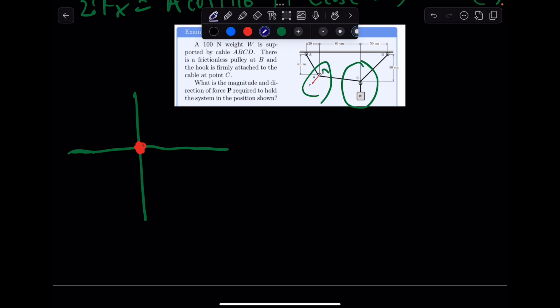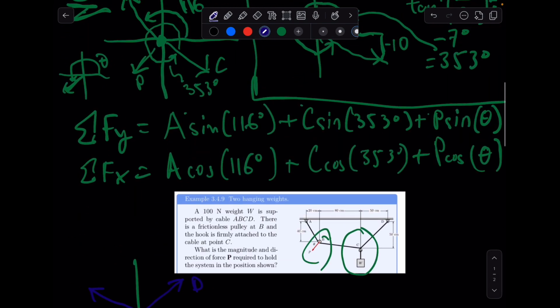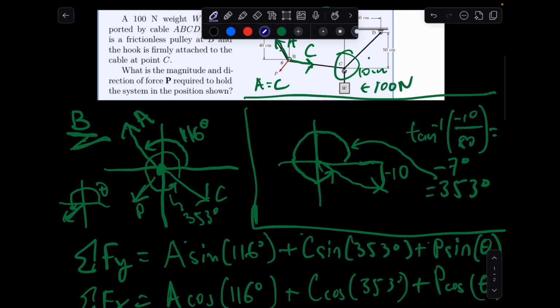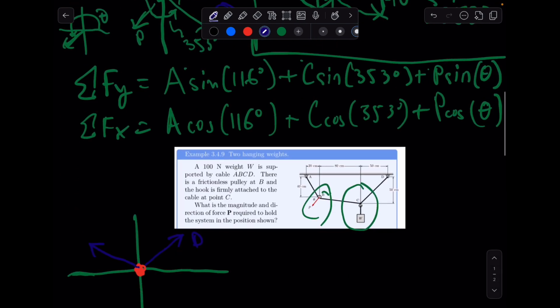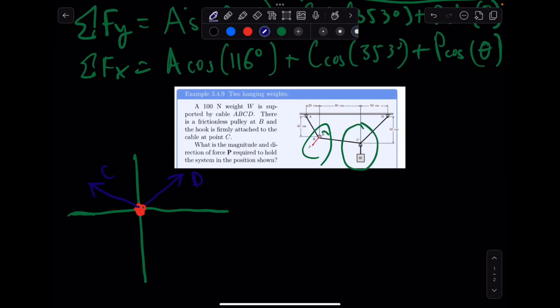Now let's talk about forces here. This one, we're going to call it force D. And this one right here, we're going to call it force C because it's the same force. You see why? Because it's the same force.